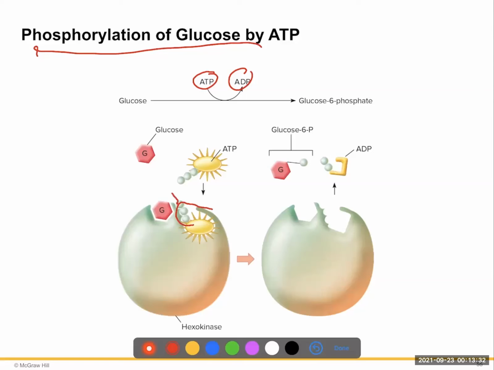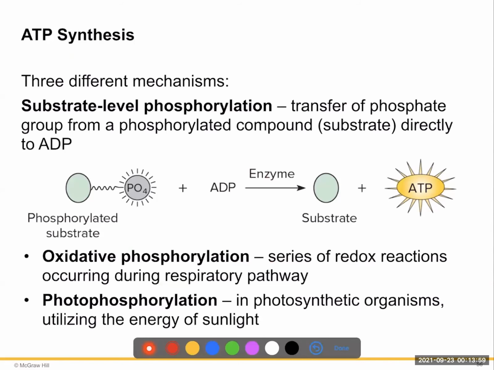And this third phosphate group is transferred to the glucose. Okay. And ADP is released. So hexokinase transfers the phosphate group from ATP to glucose, and now you get glucose 6 phosphate. It's got the number 6 position to it. Okay. And glucose 6 phosphate is our starting point for glycolysis. So that's the first step in glycolysis to breaking down glucose. It's the phosphorylation. It uses energy.